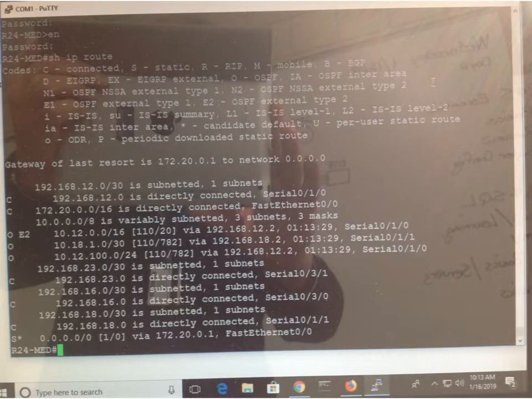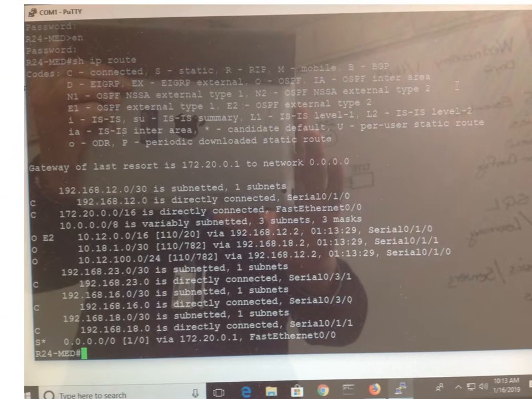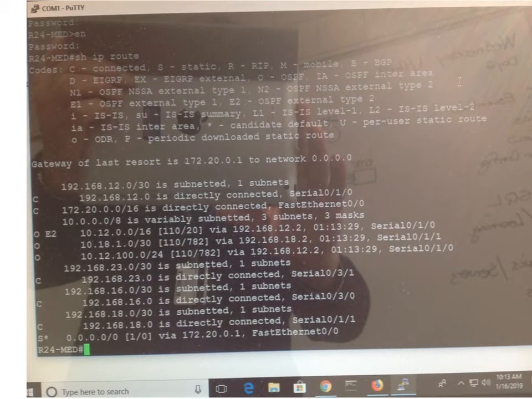From that example then, we looked at the routing table. Let me move this over a little bit. So we have directly connected routes. This is an external OSPF route, and these are OSPF routes.